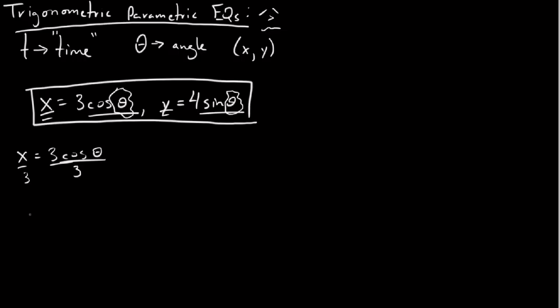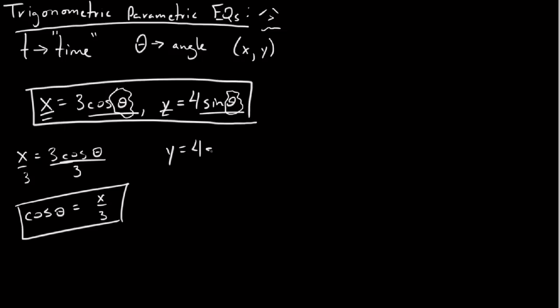So cosine of theta is equal to x over 3, a very splendid trig ratio. And now y equals 4 sine theta, so we could divide both sides by 4, isolating sine and cosine for our nifty trick.